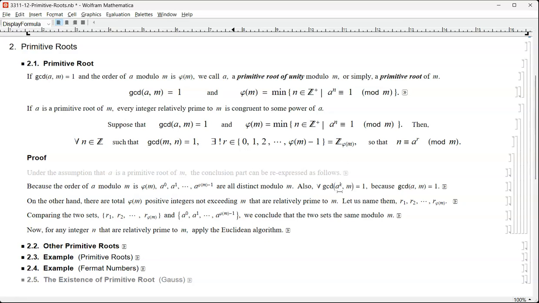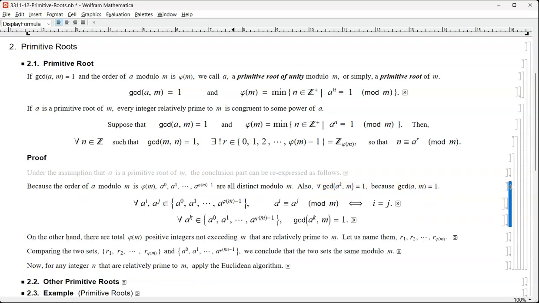And also, a to any power is relatively prime to m because the original a is relatively prime to m. So we get these two conclusions. Any a to the i power and a to the j power are congruent if and only if the powers are the same. So if powers are different, then they're incongruent. So these are all distinct.